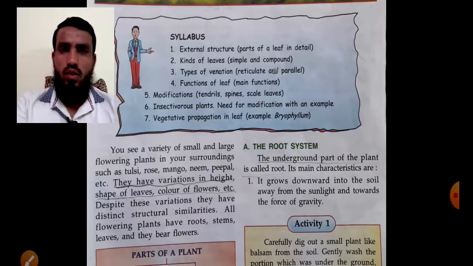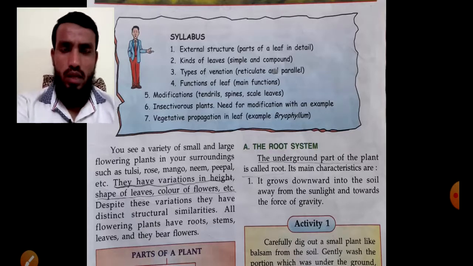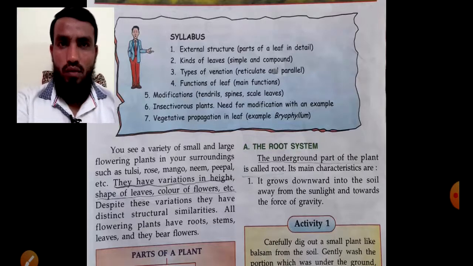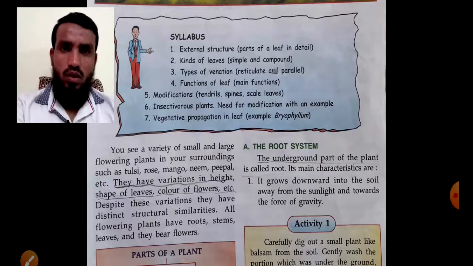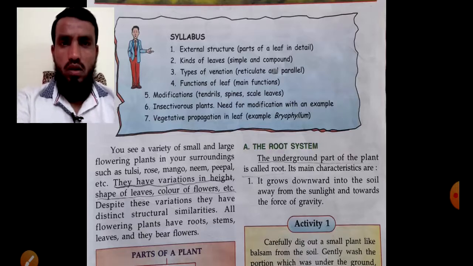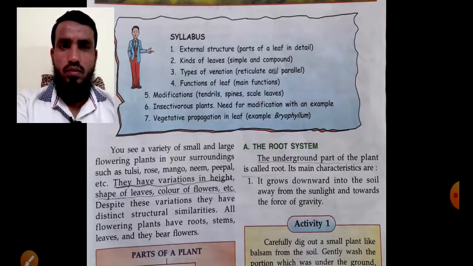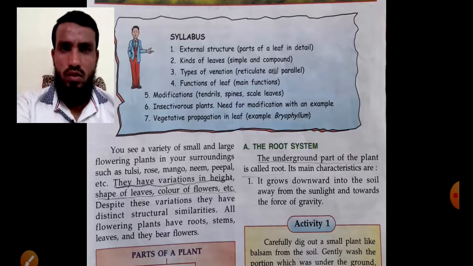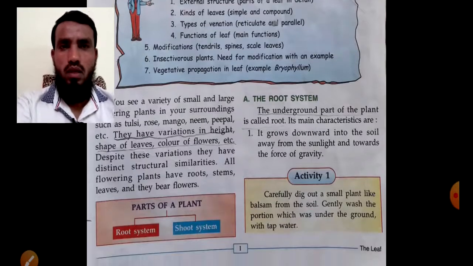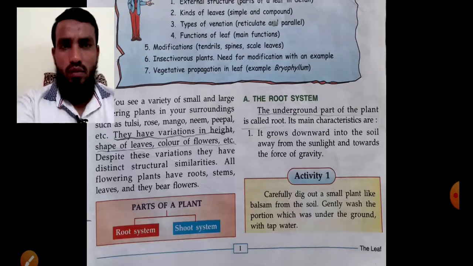These are some common characteristics that all flowering plants have. Some differences are also there, in flower color, height, thickness, or broadness, but these are the common characteristics of all flowering plants.